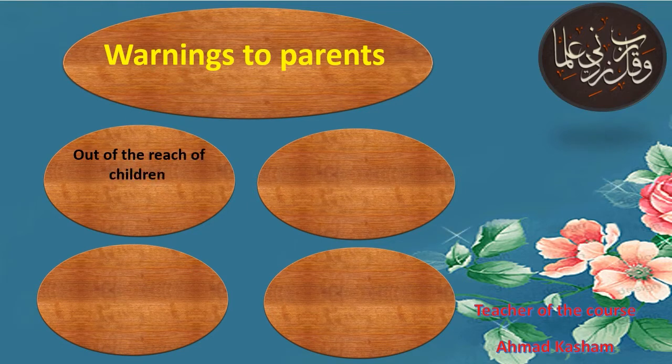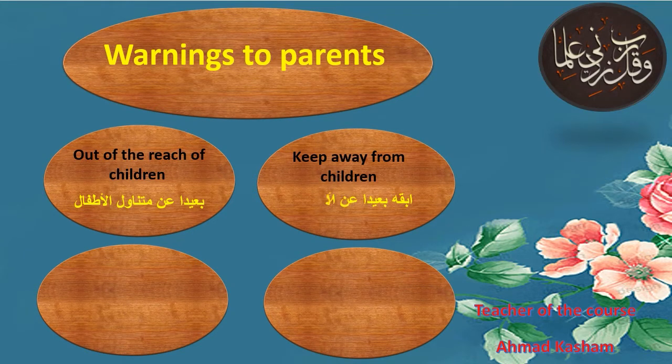Out of the reach of children means in Arabic بعيدا عن متناول الأطفال. This is when we are talking about medicine, to keep it away from children. The same meaning here. Keep away from children means أبقي بعيدا عن الأطفال. Out of the reach of children or keep it away from children.